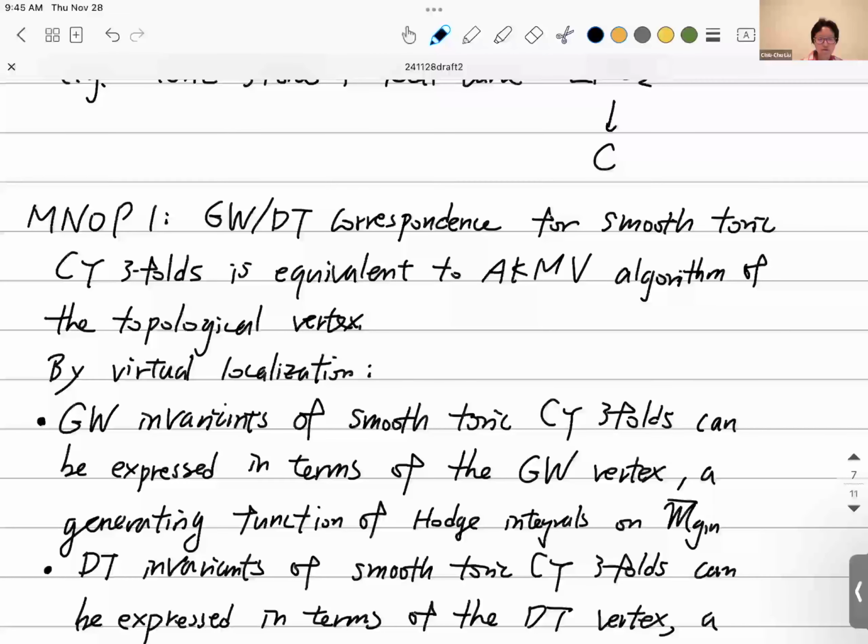You can think of it as a generating function of open Gromov-Witten invariants of C3. And then localization reduces it to a generating function of Hodge integrals on M bar g,n, the moduli space of curves.